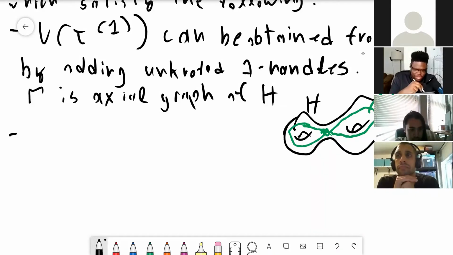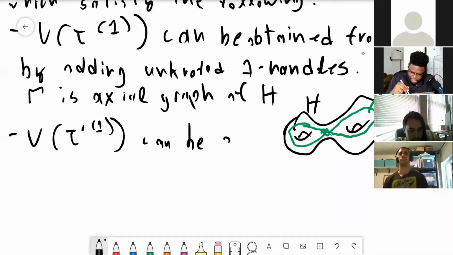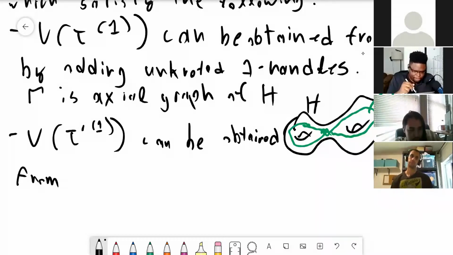The second thing we want is for, if we thicken the triangulation for H prime, I want this to be able to be obtained from the boundary of tau prime.